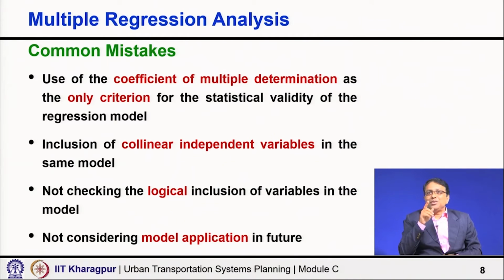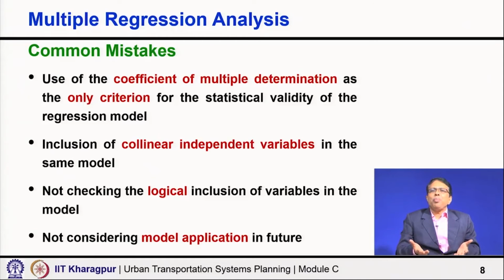But not that I will always take a simpler model. In most cases you will find that parameter richer models are generally superior. That means if you include more variables, your overall goodness of fit will improve, your R square will improve, your model performance will improve.